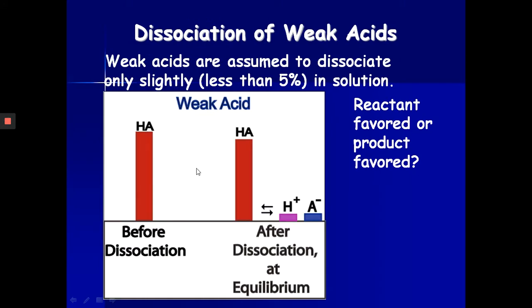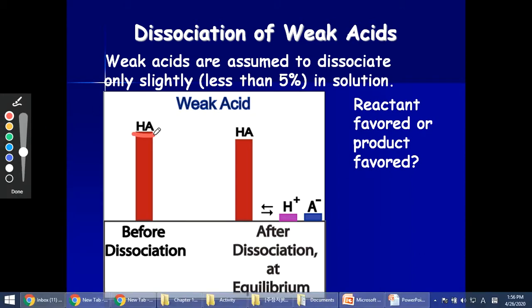Now, dissociation of weak acids. Weak acids are assumed to dissociate only slightly, less than 5% in solution. Let's say this time it is a weak acid, HA. After the dissociation, some of them break into ions, or we say they dissociate. But note that only a small portion of them have dissociated into ions. The large portion of the original HA still remains the same.